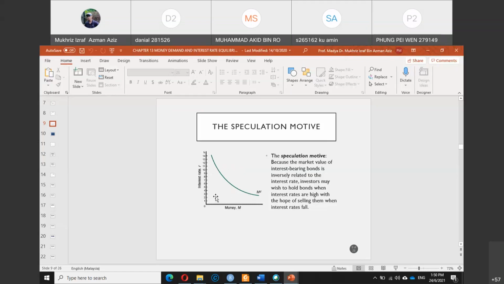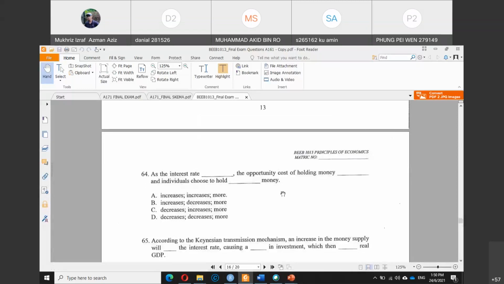But if the interest rate is low, there is less incentive for the public to put money in the bank, because the return on the savings is low. So it's better for you to spend the money. So if you want to hold more money, that means the interest rate must decrease first.